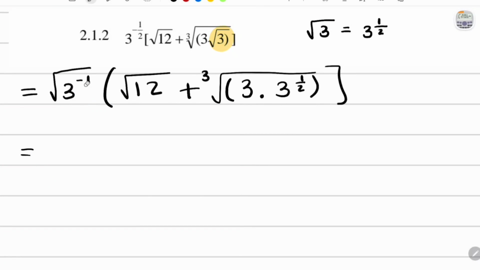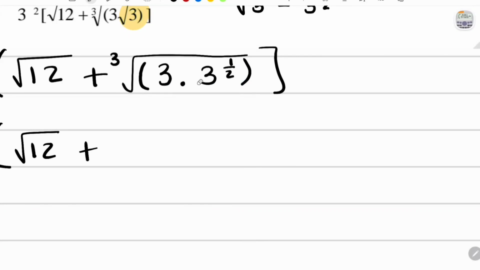Well, if you have 3 to the power of negative 1, even on your calculator, it will give you 1 over 3. So I'm going to say this is the square root of 1 over 3. That's fine. And square root of 12 still, plus, and then this part. With this part, now that we have already made this a base of 3, do you remember the rule that if your bases are the same and you are multiplying, then you can do what? You can add the exponents.